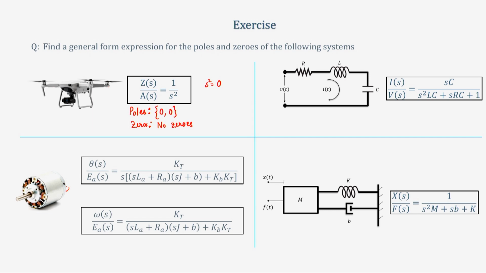In a similar way, this is an exercise, I will not go into solving all this. I want you all to find the general expressions of the poles and zeros of the systems. General expression means, in the case of an RLC circuit, it will be in terms of R, L and C. When you change the values of R, L and C, the pole and zero locations change. These pole and zero locations are what give you the response.